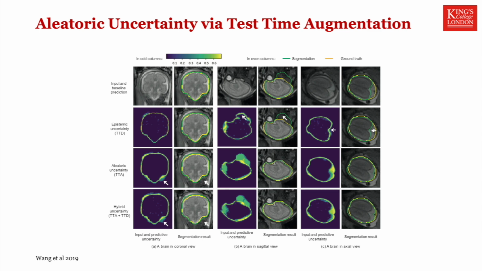Even if the neural network was fixed and you didn't have any test time dropout, by doing augmentation at test time you are able to get multiple samples and understand what the aleatoric uncertainty is. You can then also merge both aleatoric uncertainty and other types of uncertainty, like the epistemic uncertainty via Monte Carlo dropout sampling, and get an algorithm that has the best of both worlds.